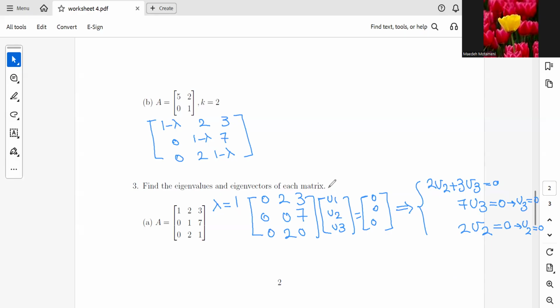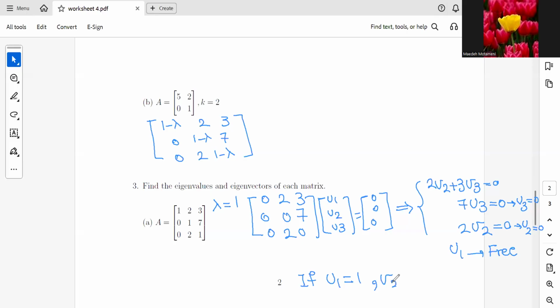We call it a free component. So v sub 1 will be a free component. It means that you can pick any number for v sub 1. You can pick a general number like alpha, beta, or something. Or you can say that I would like to pick v sub 1 as, let's say, 1.